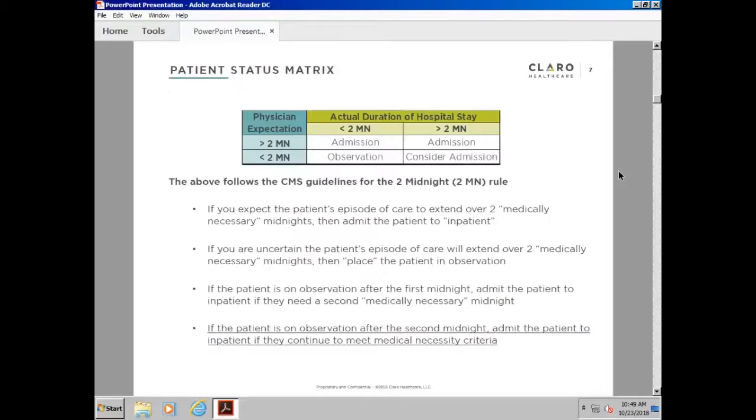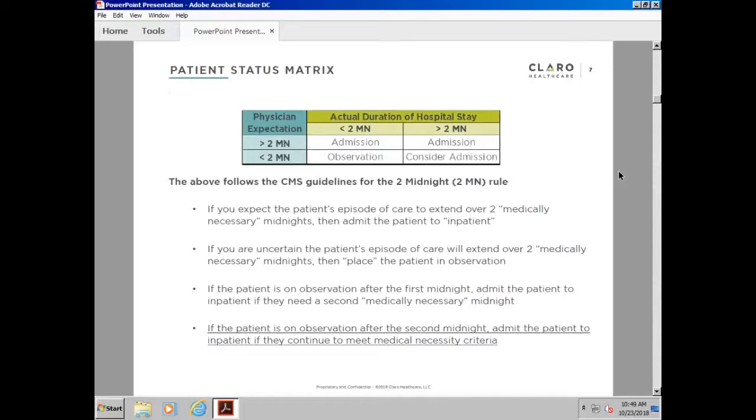So this is our patient status matrix. If we're expecting greater than 2 midnights by the physician, provider, then an admission should occur. Less than 2 midnights, then OBS, and then we may change the status later on.